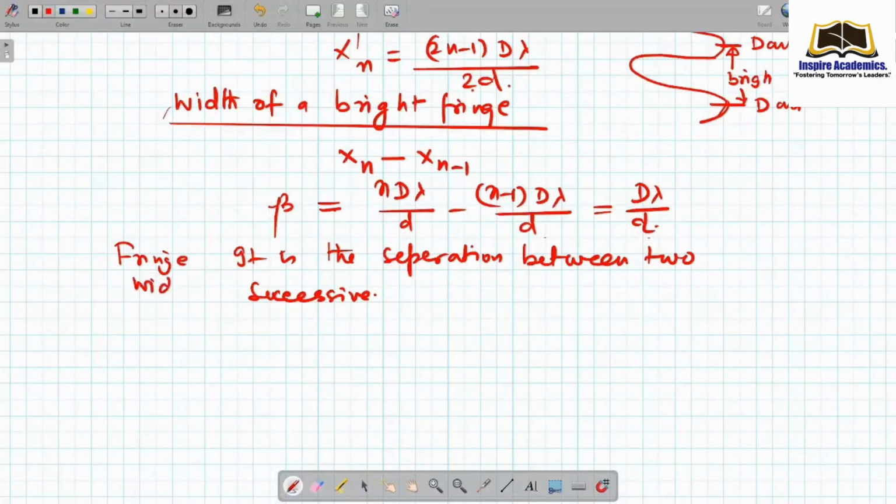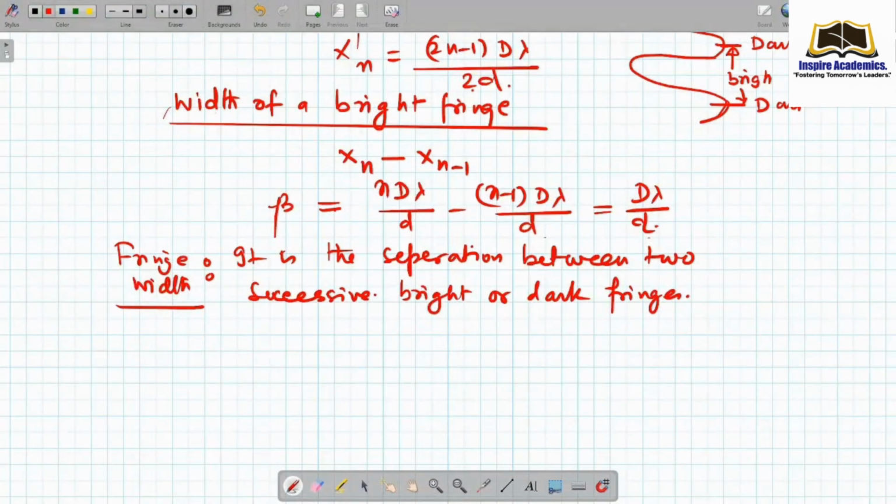Fringe width. So what is a fringe width? It is the separation between two successive bright or dark fringes. Simple. Make it simple. Okay. So here I get my beta.